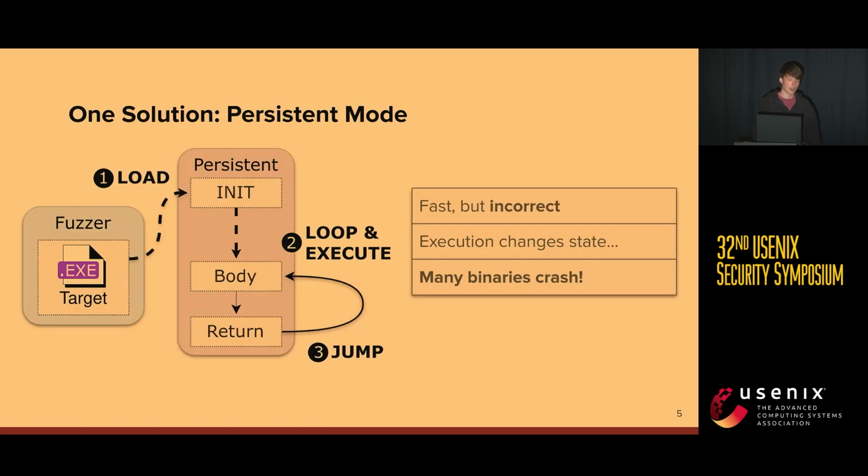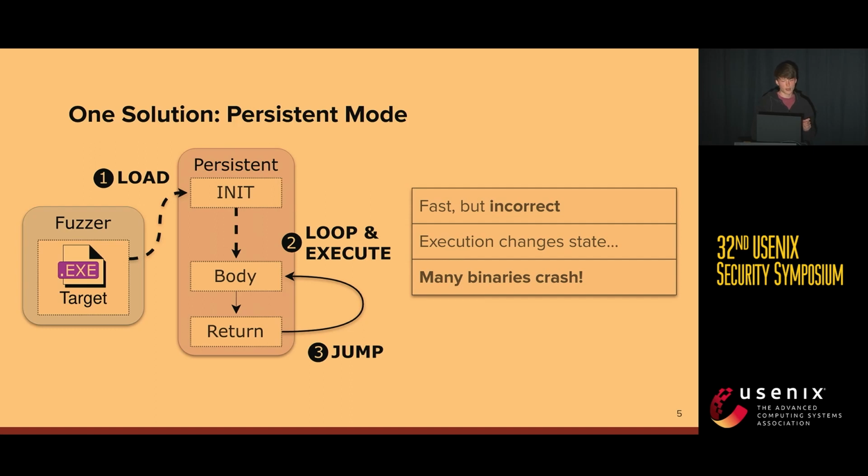This is persistent mode, which is the basis of an existing Windows fuzzer. We start off creating the process like normal. We load it and let it initialize. Then after we execute the body of the code, which is the code that we're actually trying to test, we hijack the control flow of the program to jump back to the beginning of that code.